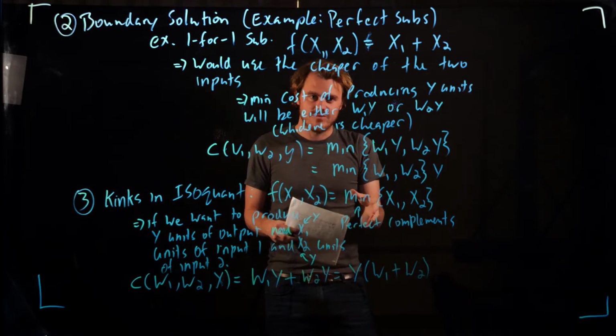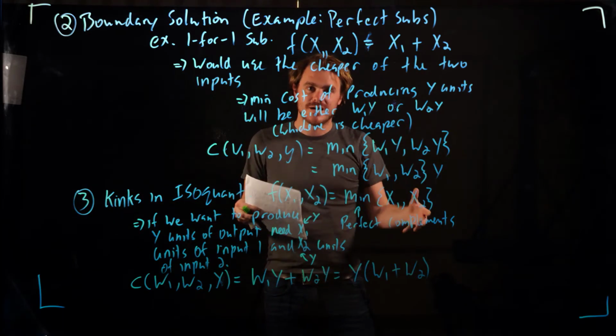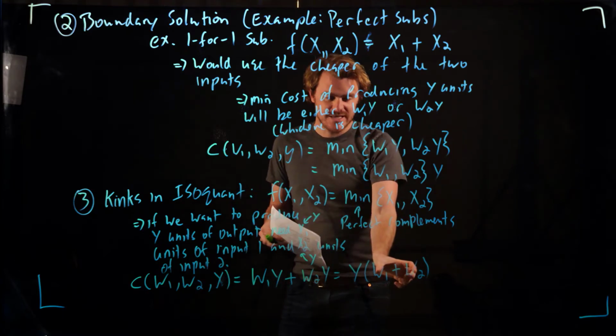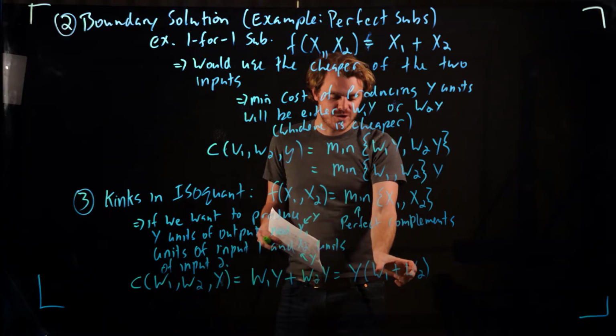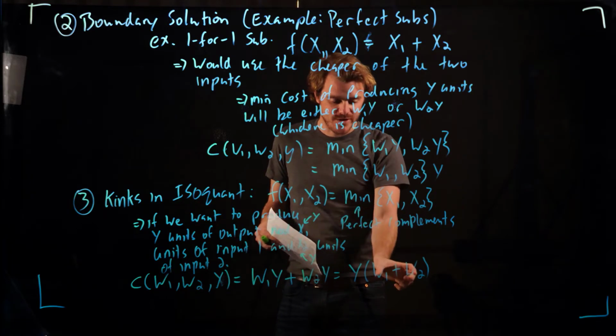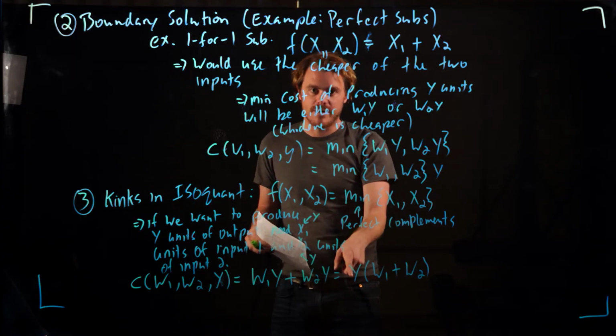Essentially, we need one input to produce everything, and that one input is both of these inputs combined in this case, right? So the cost of producing 1 unit of this output is just the cost of both inputs combined, and then we just multiply it by how much we're producing.